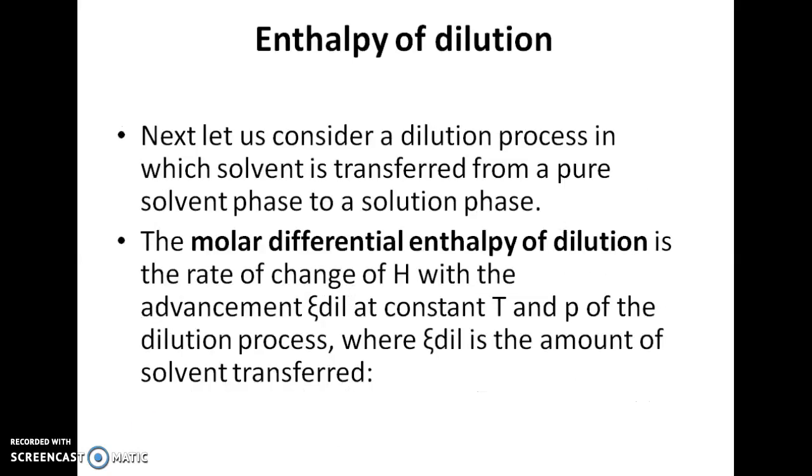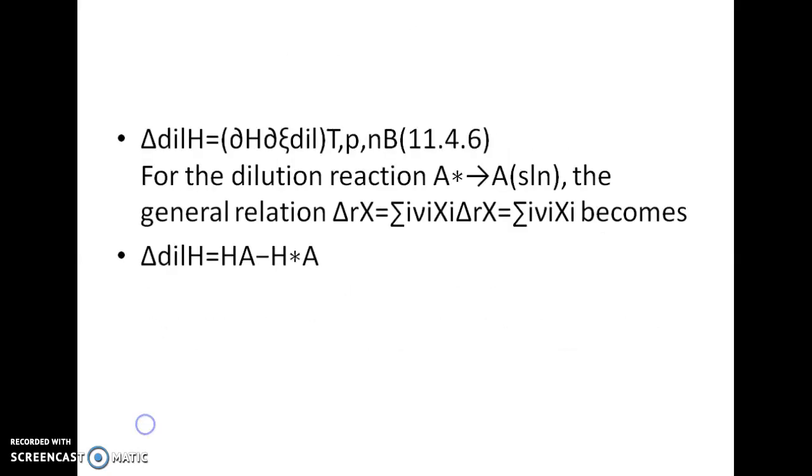If we take the enthalpy of dilution, it is the process in which the solvent is transferred from a pure solvent phase to a dilution phase. The molar differential enthalpy of dilution is the rate of change of enthalpy with the advancement of epsilon DIL at constant temperature and pressure of the dilution process, where epsilon DIL is the amount of solvent transferred.